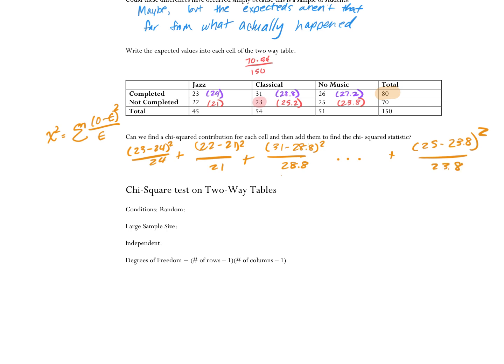So here's what I need you guys to see here. Does there exist a number that can sum up the weirdness of each cell? How far each one is away from what we expected? We can come up with a chi-squared.